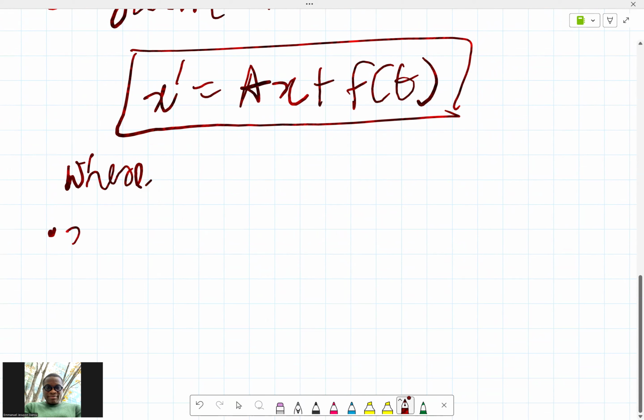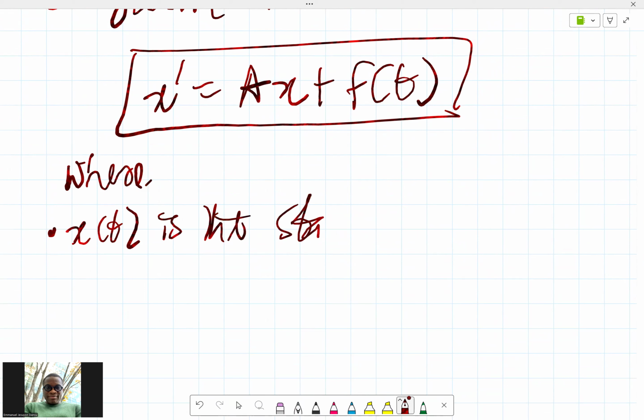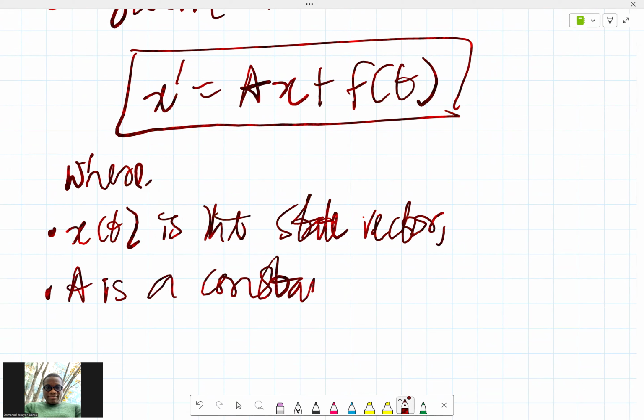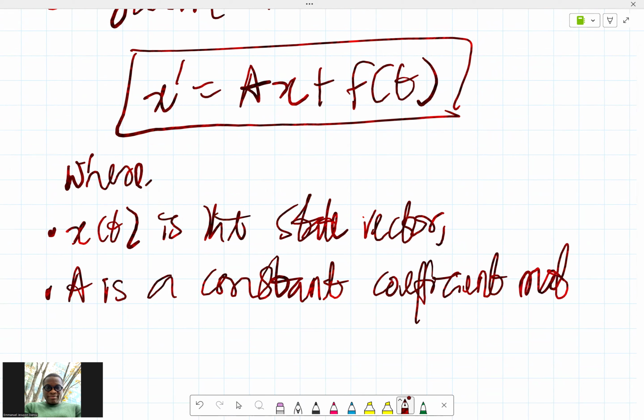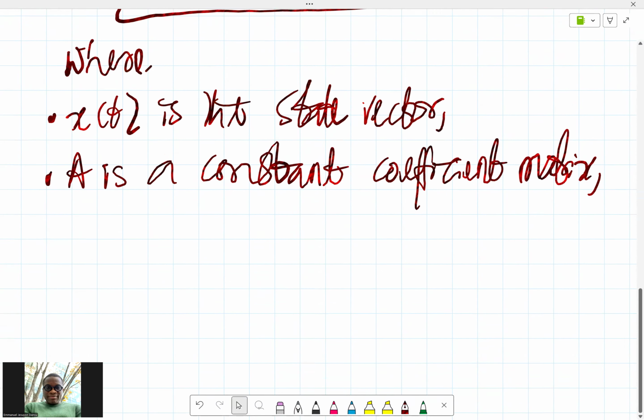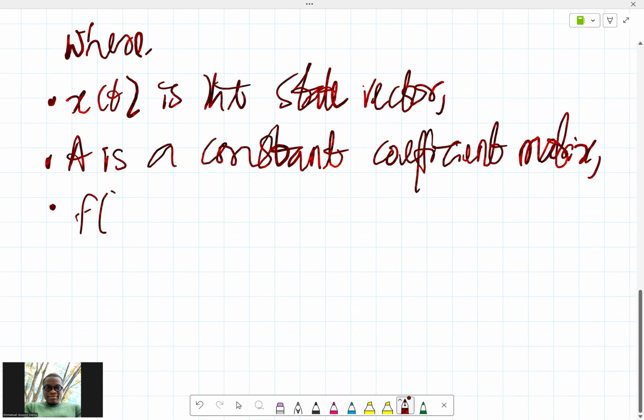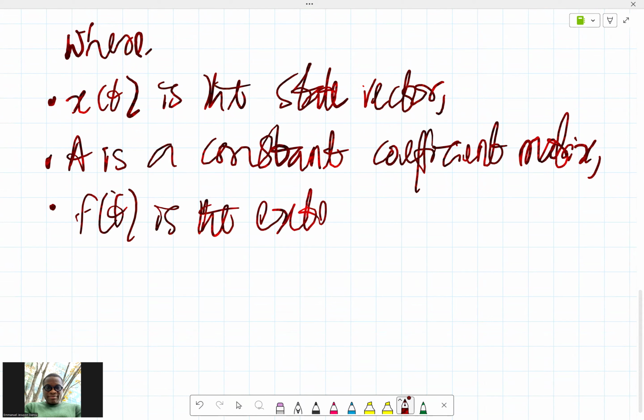Here x of t is the state vector, A is a constant coefficient matrix, and f of t is the external forcing function.